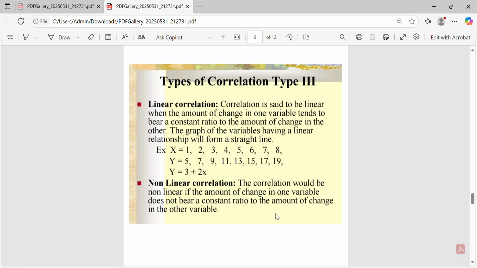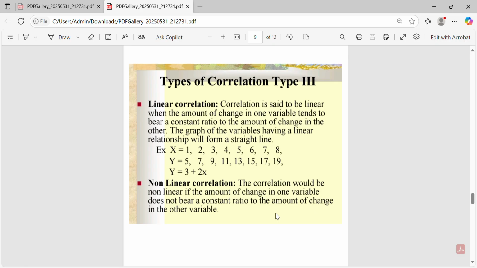The correlation would be non-linear if the amount of change in one variable does not bear a constant ratio to the amount of change in the other variable. Two variables are said to be non-linearly correlated if they cannot be expressed in the form of the equation of a straight line. The slope of the curve is not constant. This type of correlation also mainly occurs in economics and social sciences.